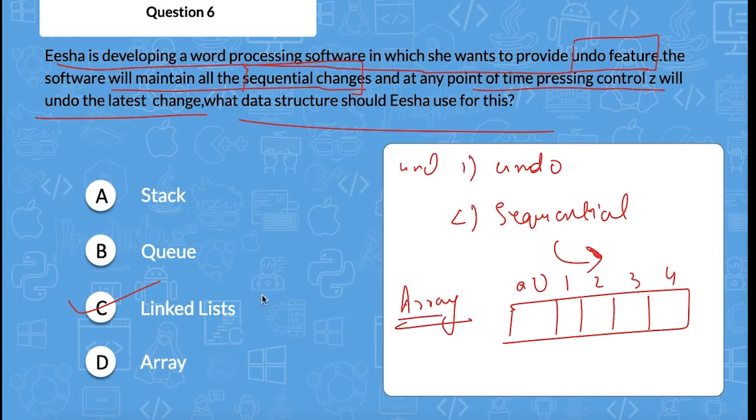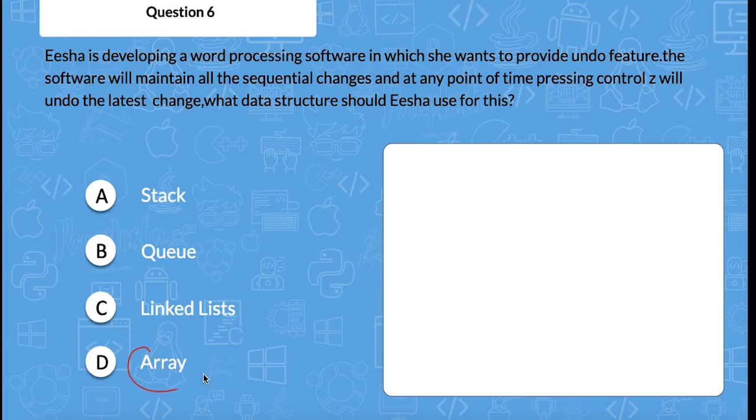But a queue is also an application of an array, and a stack is also an application of an array. So obviously array will not be the answer, because queues and stacks are better applications of an array. We have to compare stacks and queues.